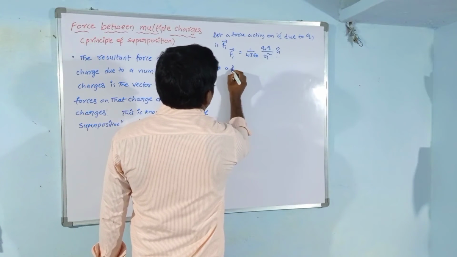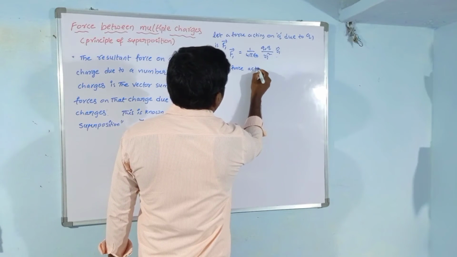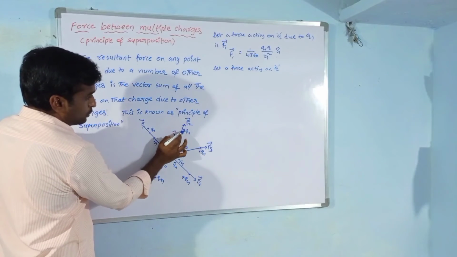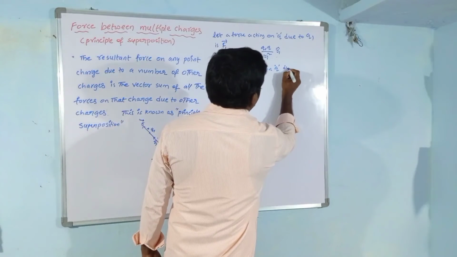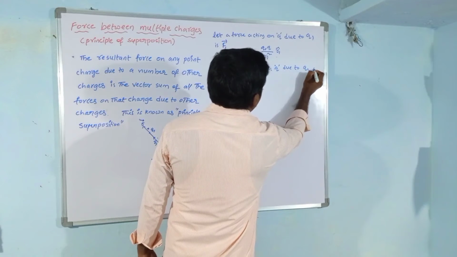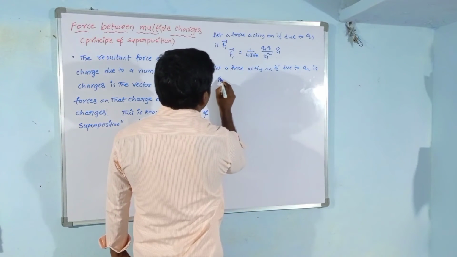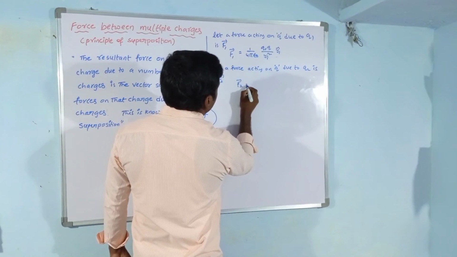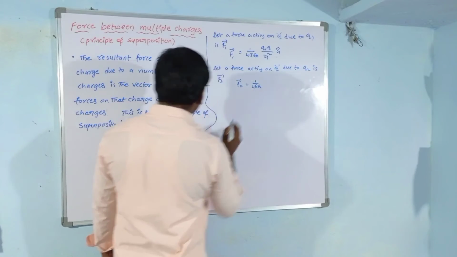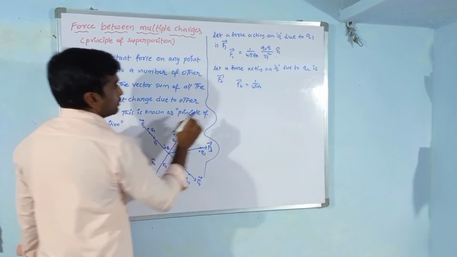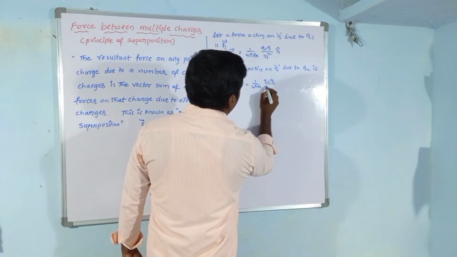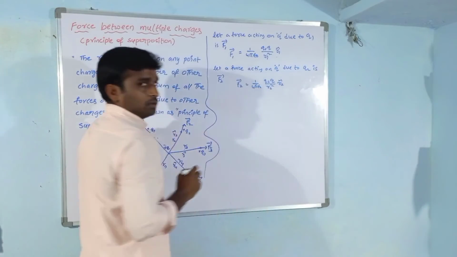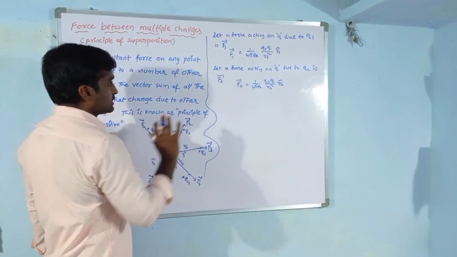Let the force acting on Q due to the Q2 charge be F2. F2 equals 1 by 4 pi epsilon naught, Q2 Q by R2 square, into R2 cap, the unit vector along this direction.